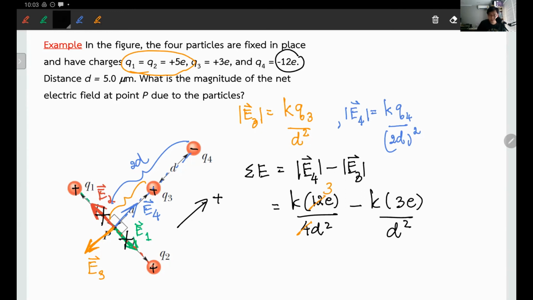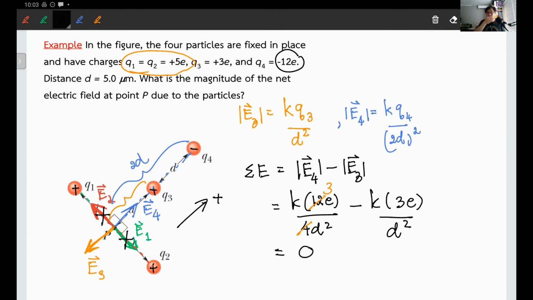Whoa, nice. It just happens to be the same size, same magnitude. So the net electric field at point P is 0. Okay, this is a good exercise, yeah? You don't have to do the calculator punching or anything at all. It just perfectly cancels. Is my math right? Yeah, I think so. 3KE. Okay, good.